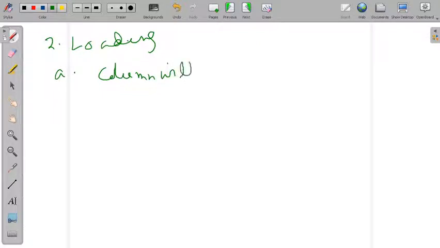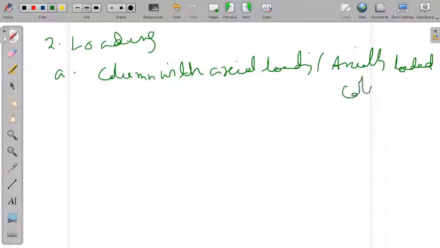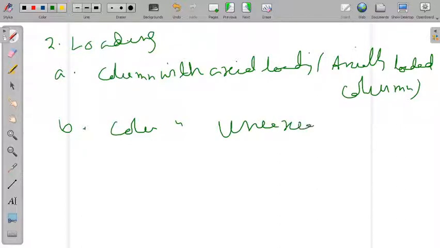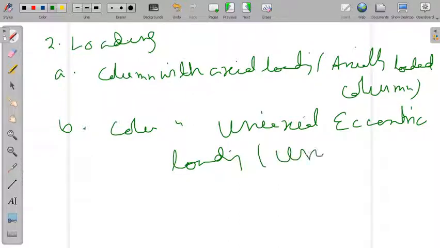Number B category is column with uniaxial eccentric loading, or we can say uniaxially loaded column, check the spelling, or uniaxially loaded eccentric column, whatever way you want to say.